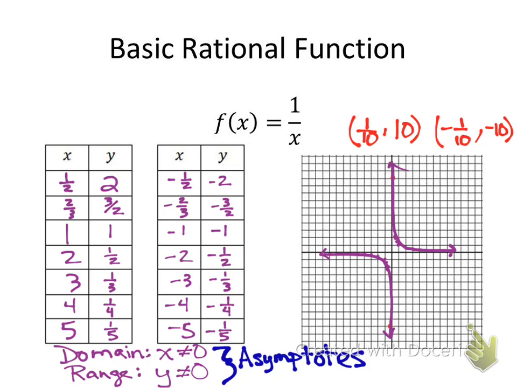In this simple graph, one of the asymptotes is on the y-axis, and one of the asymptotes is on the x-axis. These visually show the restrictions in your domain and range. What can x never be? What can y never be?